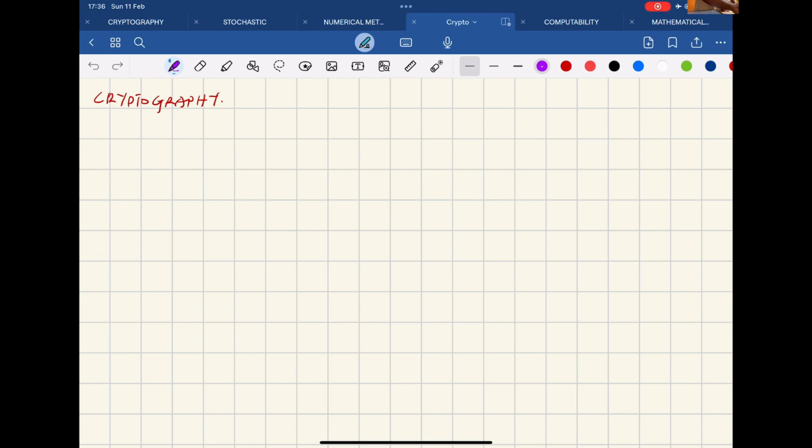Now, let's look at what we call the Caesar cipher. A Caesar cipher is a type of substitution cipher in which each letter in the plain text is replaced by a letter with some fixed number of positions down the alphabet.